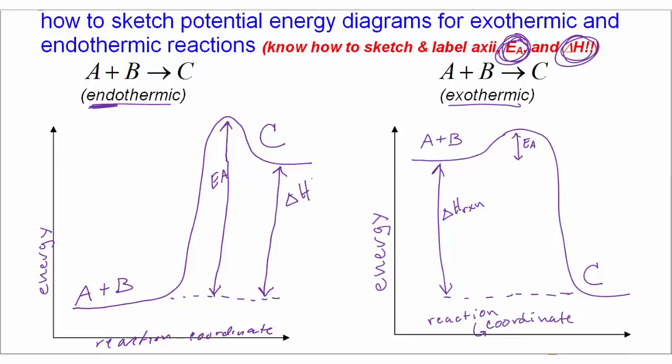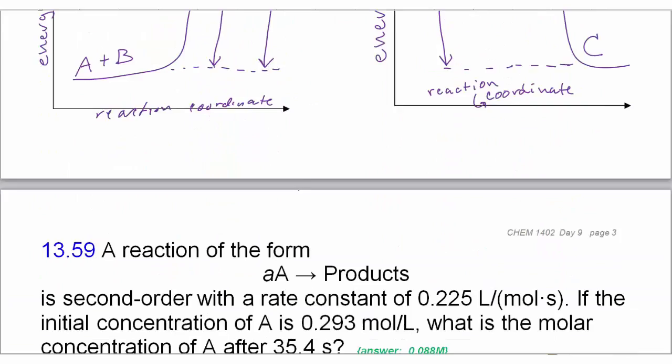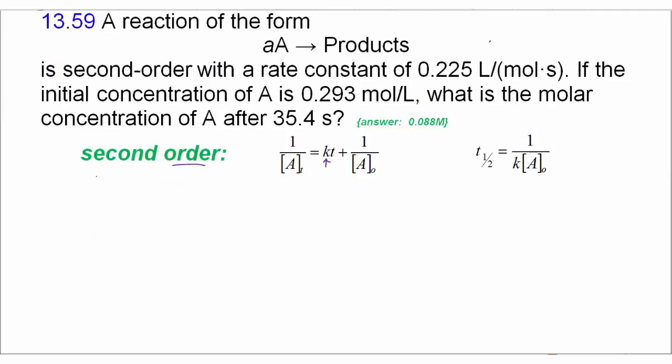Okay, so you know how to draw those diagrams for endothermic and exothermic reactions. A reaction of the form reactants going to products. Good, otherwise we can't use our equations. It's second order. Okay, here's the rate constant. There's our K. If the initial concentration is 0.293, you'd probably start writing this stuff down.